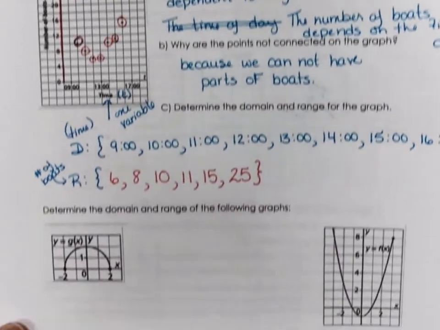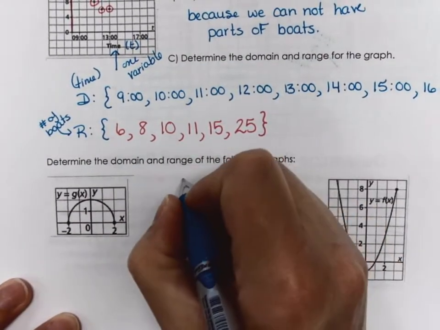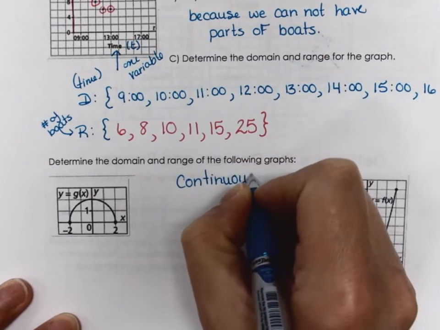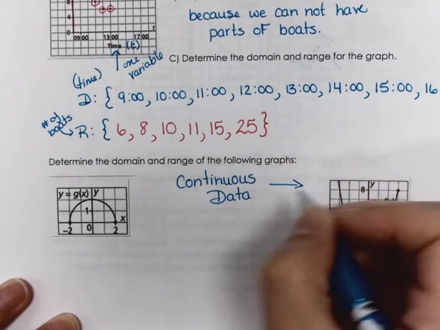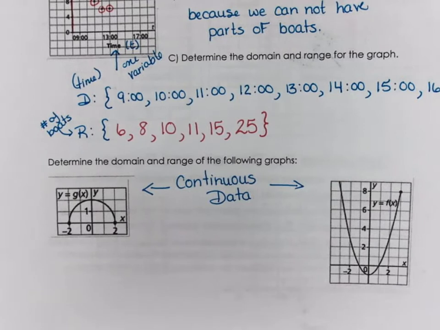Okay, now we're going to go to our continuous data. So that one's continuous because our points are all connected. So both of these examples are continuous data.